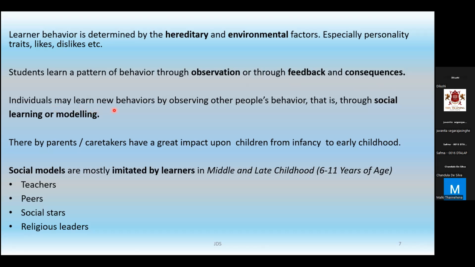Individuals may learn new behavior by observing other people's behavior. That is through social learning or modeling, right? So it's once again very much concerned with primary grades. Small children, they just learn something by imitating, just by looking at the teacher or maybe one of their parents or maybe an adult, right?